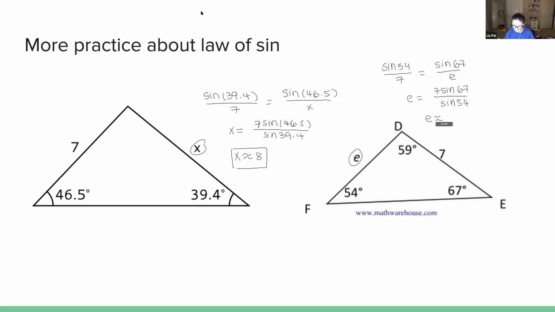Then take our calculator: 7 sine 67 over sine 54 will be about 8 again.